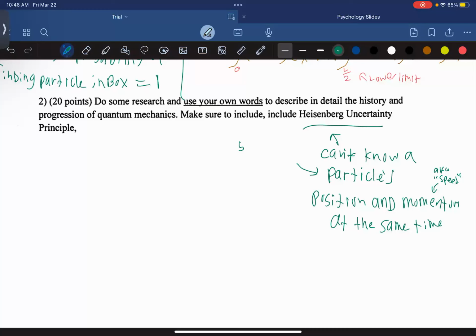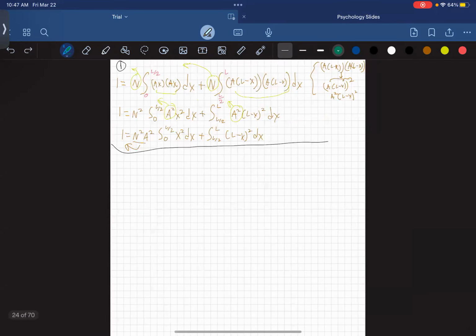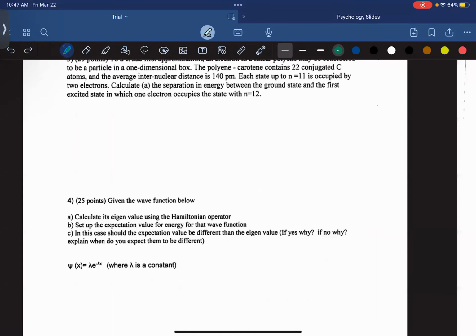And then we're looking specifically at wave function, particles that act like a wave. And then we'll look into the history and stuff later. We'll come back to that one. Okay.